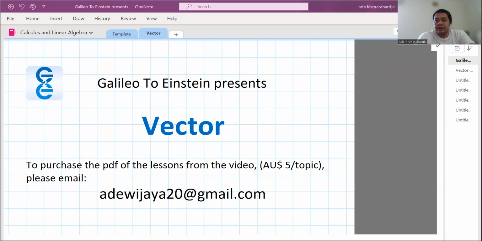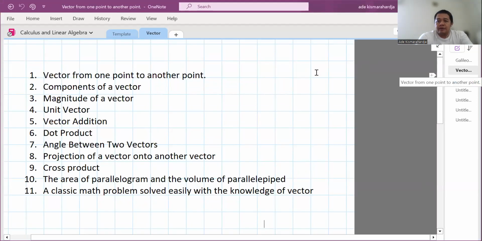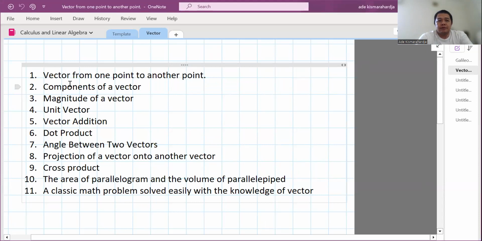And normally when we start the discussion about vectors, I have several points here. For example, I'll start to discuss how we get a vector from one point to another point, and then how we get the components of a vector, and then the magnitude of a vector, unit vector, and so on.